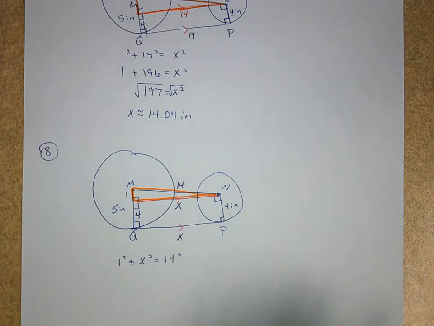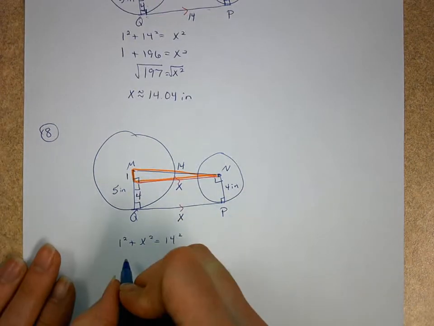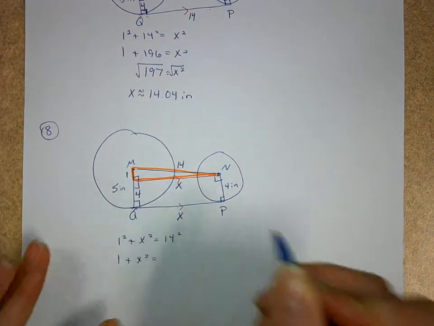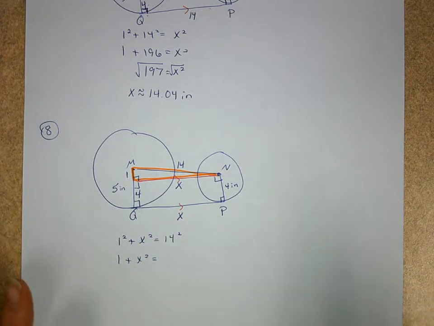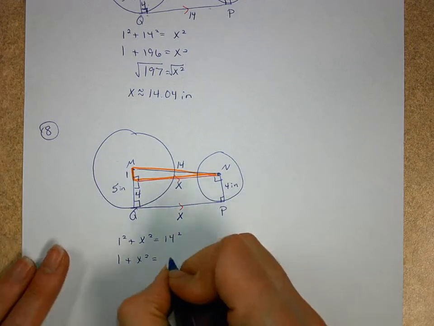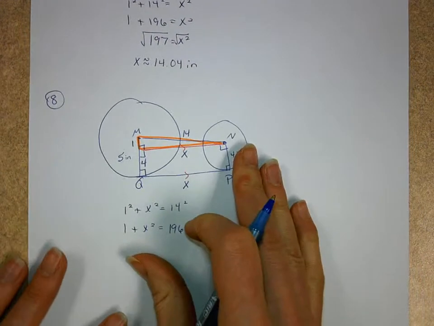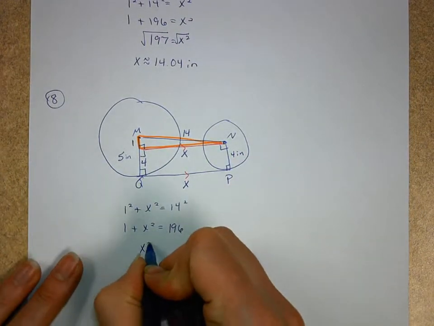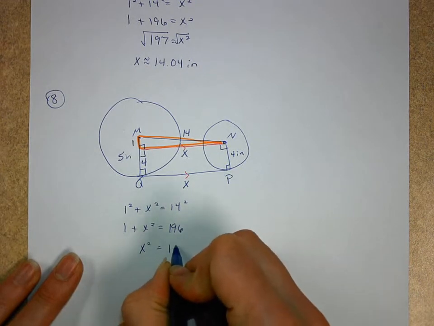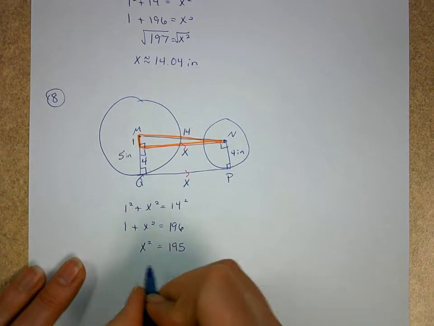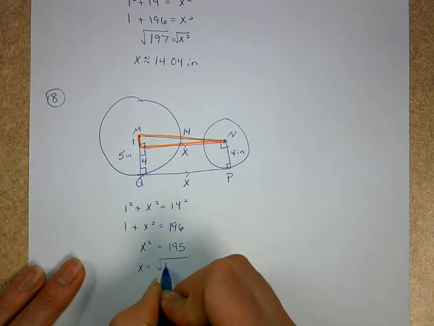Now they say give this to the nearest tenth. I almost don't like doing that because when you do it to the nearest tenth, it's almost the same size as the hypotenuse itself, but it's an approximation, so it's not the most exact answer. I get x squared equals 195, and then x is the square root of 195.